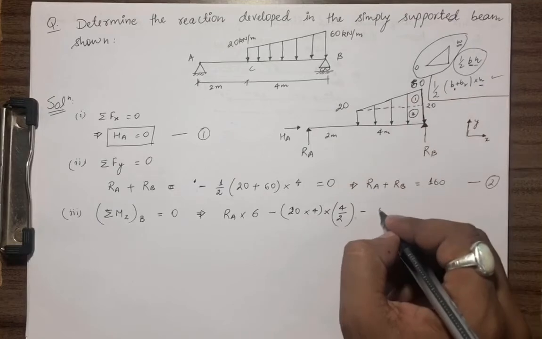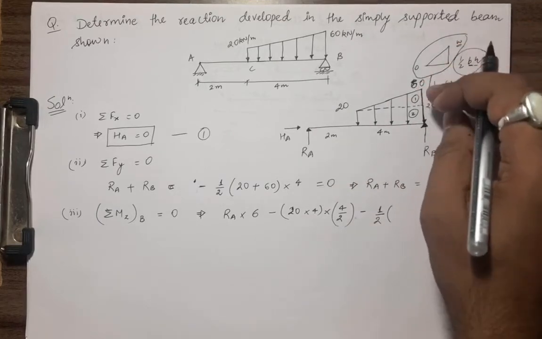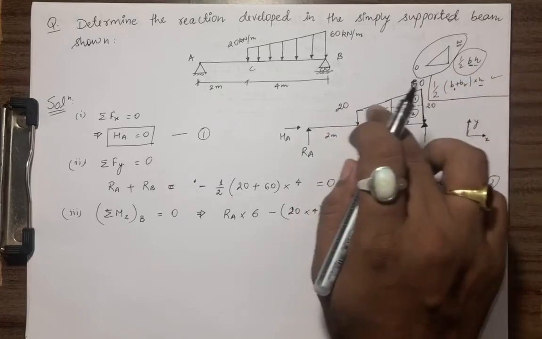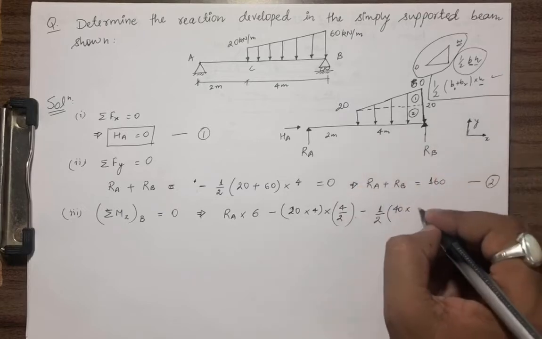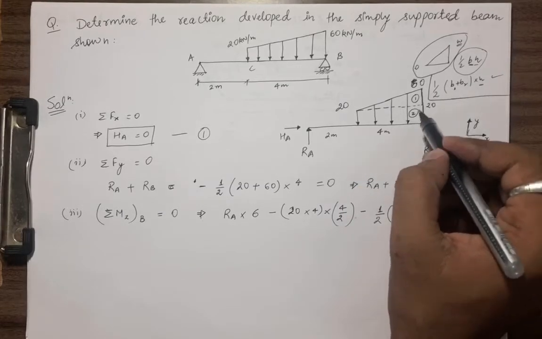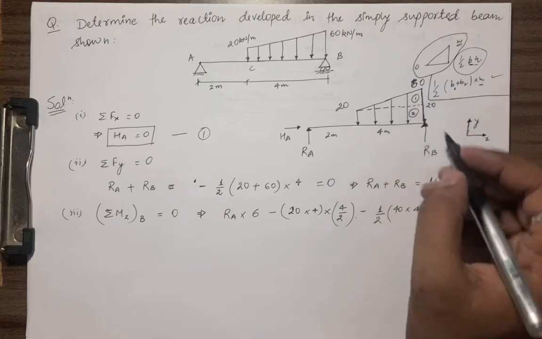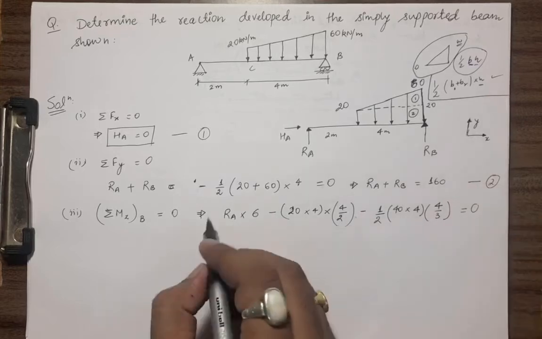For triangular loading this will be half, this is 40, this is not 60, this is 40 only, because till here it is 20. So 40 into 4 multiplied by, since we are taking moment about this point, 1 by 3 of 4, so 4 by 3, is equal to 0.